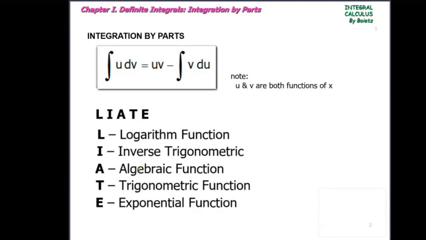Since this one is a combination of algebraic tsaka exponential, mauuna yung algebraic. So kaya ang gagawin mo dito, you will let u equals x, and then yung natira, that will become dv, exponential. So nauna algebraic tapos yung exponential.